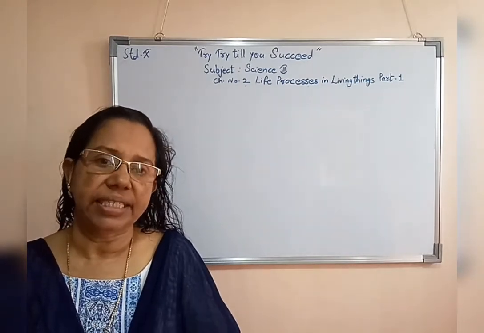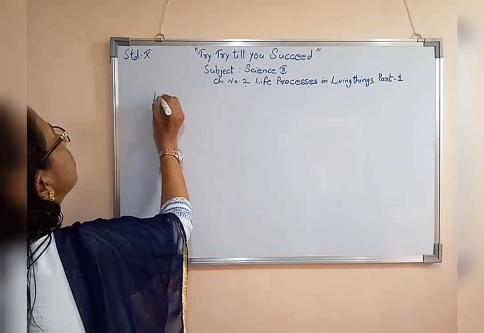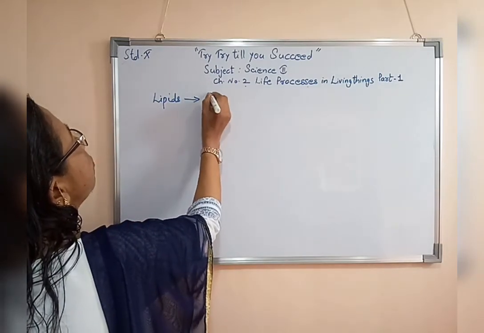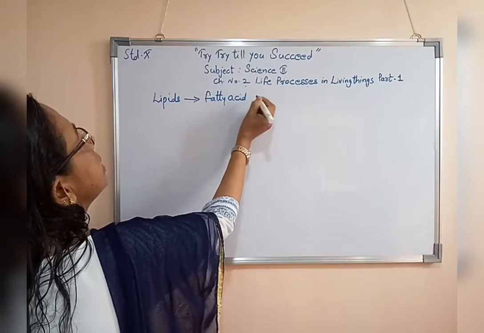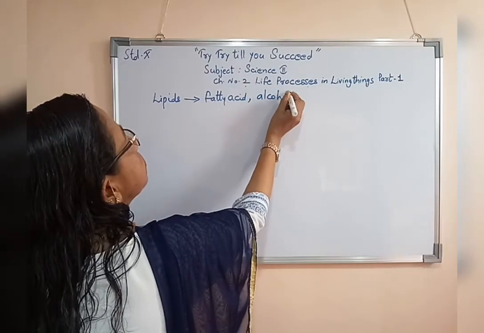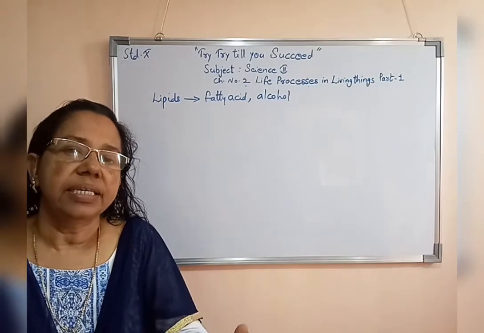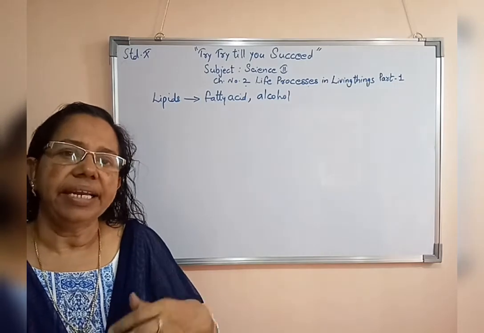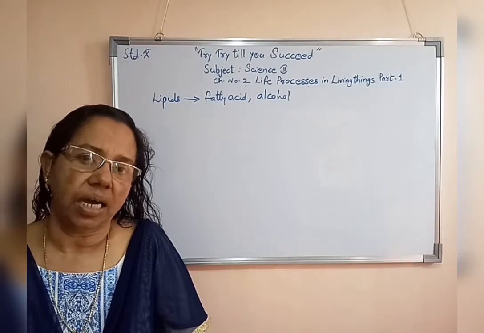As a result of digestion, lipids are transformed to fatty acids as well as alcohol. So first we consume lipid, the food material that we are taking, that will get digested, and this lipid is transformed to fatty acid as well as alcohol.